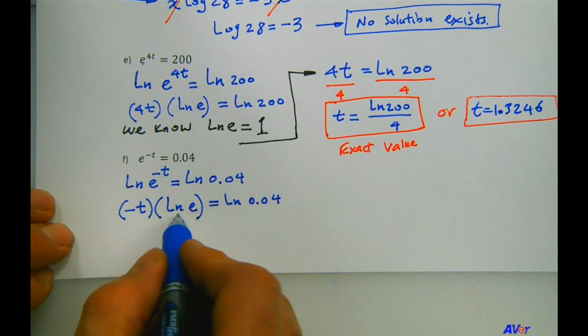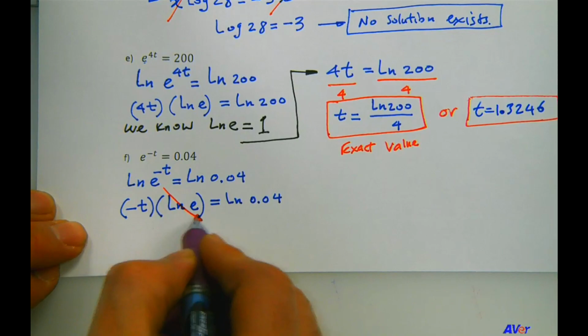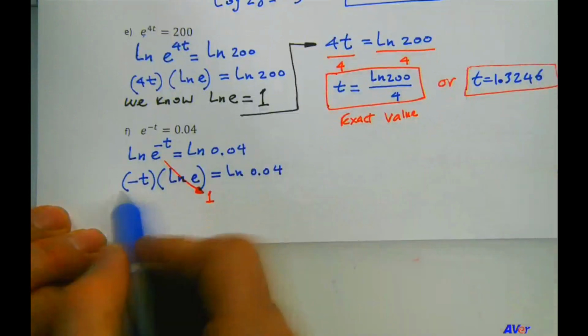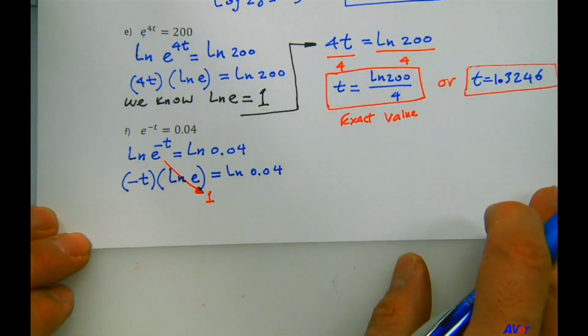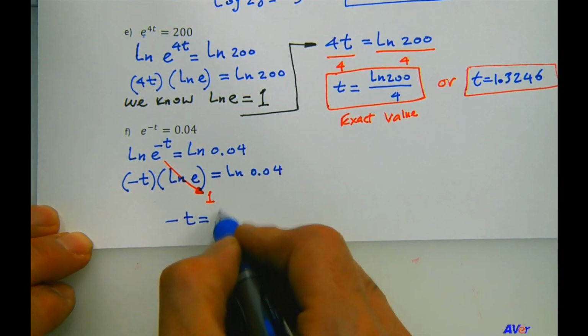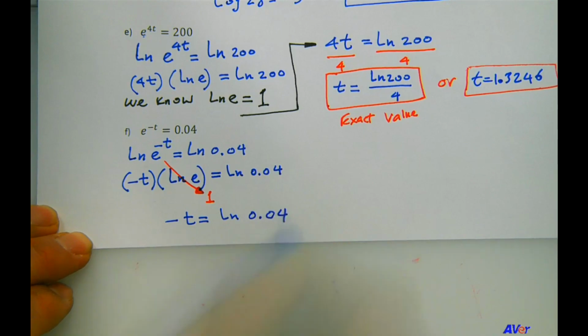Now we know that this natural log of e is 1, don't we? We know that. So minus t times 1 is minus t equals natural log of 0.04. So we're solving for t, which means we need to isolate t.